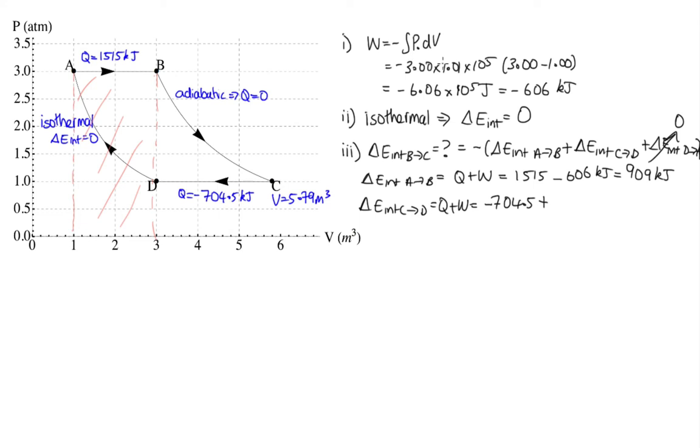It's the integral of P dot dV, but the P is constant, so it's just the area of this rectangle here. And so that is equal to the pressure, which is 1.01 times 10 to the 5 pascals. So we'll just divide that by 1,000 because we want to end up in kilojoules, and then times the change in volume, which is equal to 3 minus 5.79, and we should actually have a negative here.